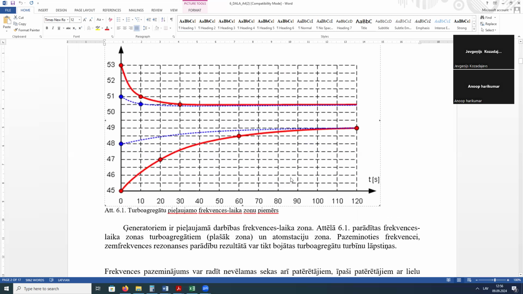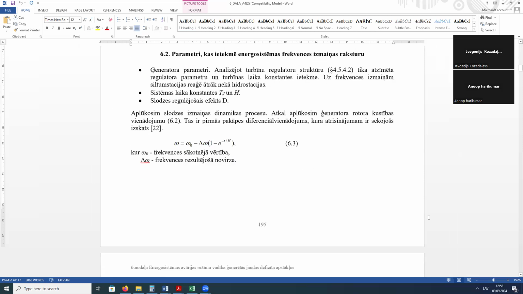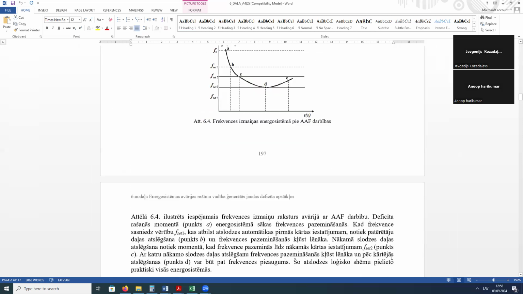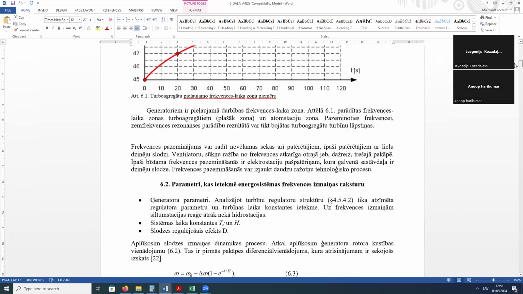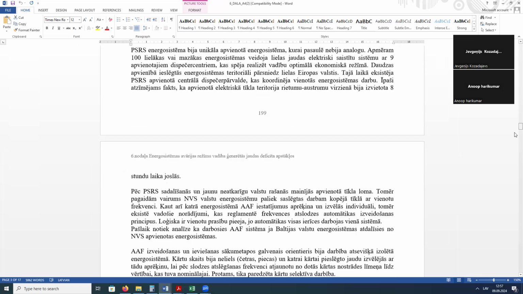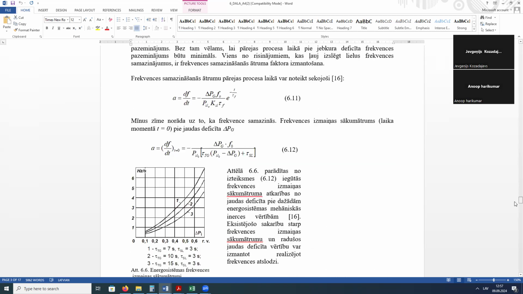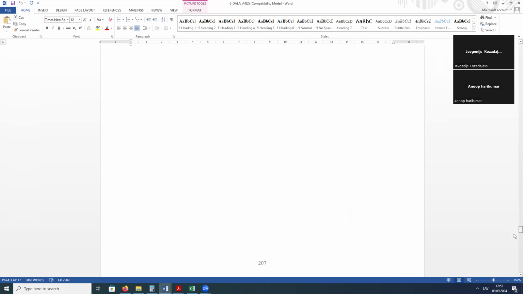And one more very important piece of information. Very briefly, I need to find it, is it here or not? I just need to show you some values.